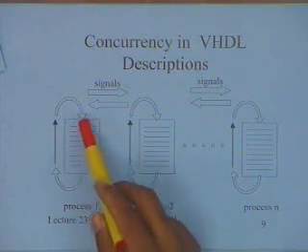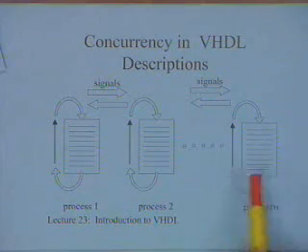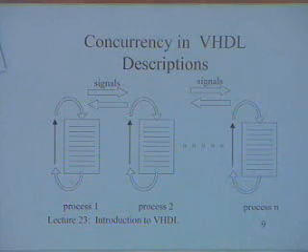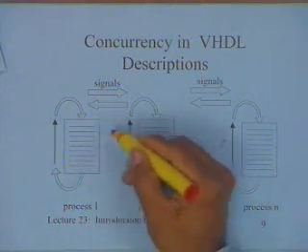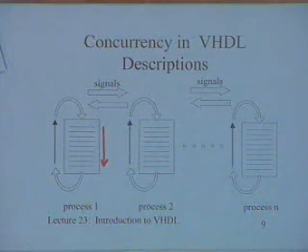That is, once you have 1, 2, whatever, n processes, all these n processes are acting concurrently. If you want to write procedural descriptions, within the process it is sequential. So it allows you to mix the two.